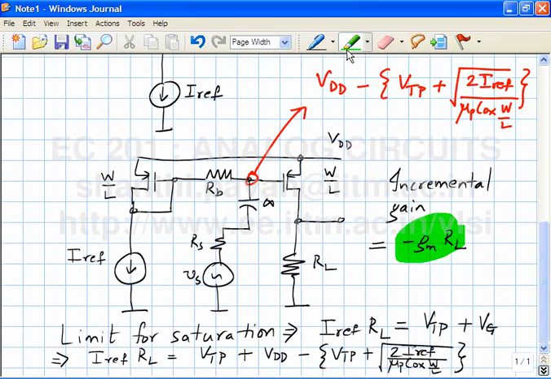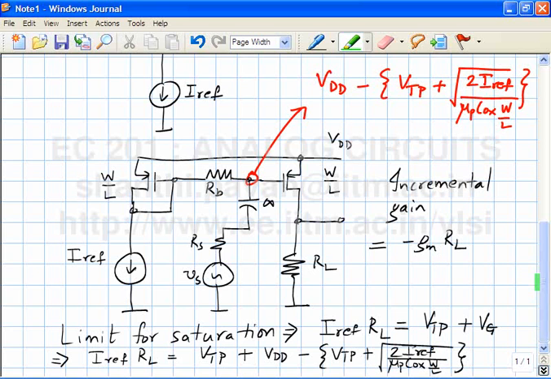The quiescent potential at the drain, which is IRef times RL, will go on increasing more and more, and eventually will push this device into the triode region, where the transistor is no longer a voltage controlled current source. This current source becomes non-ideal, with a very low output impedance across it, which causes the gain to fall off. If I want to go on increasing RL and still get more gain, what could I vary and still get away with it?